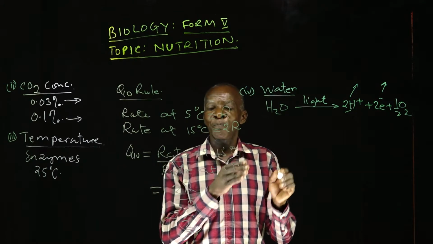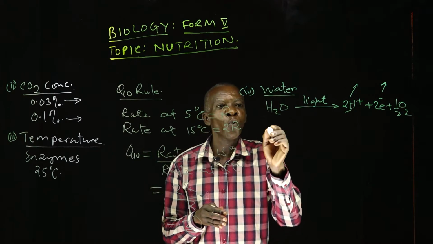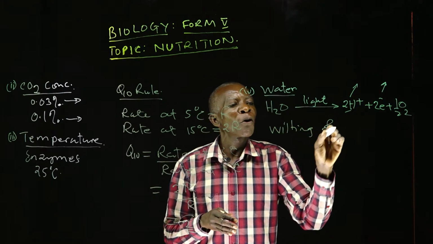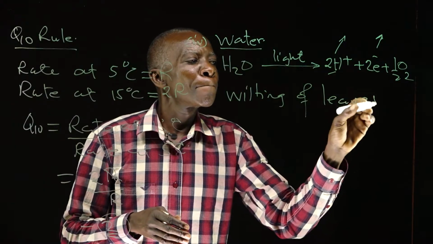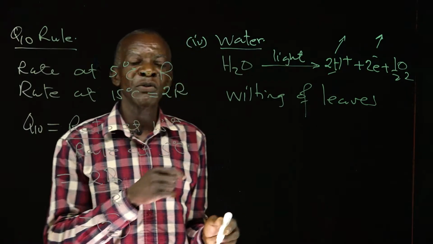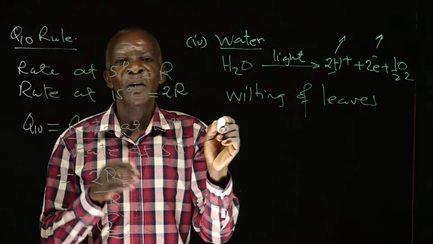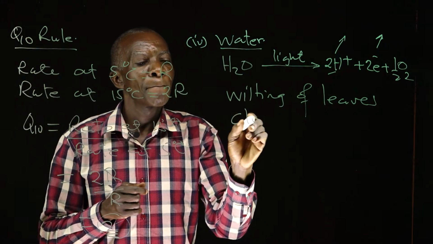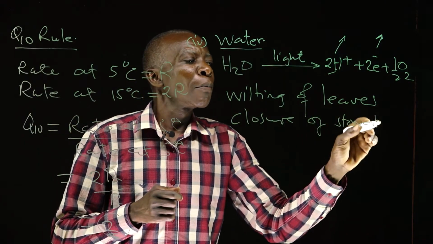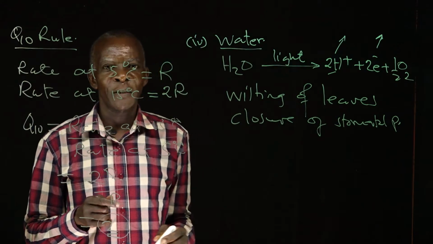Lack of water results into wilting of the plant leaves. And when the plant leaves wilt, the consequence of this is a closure of stomatopores.